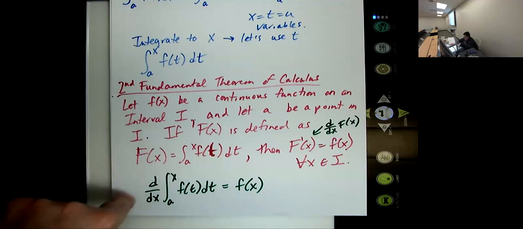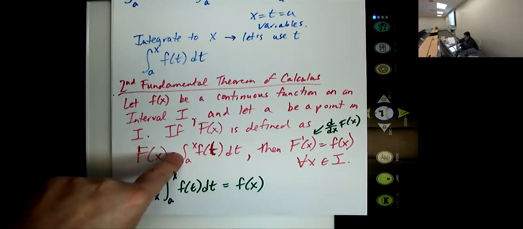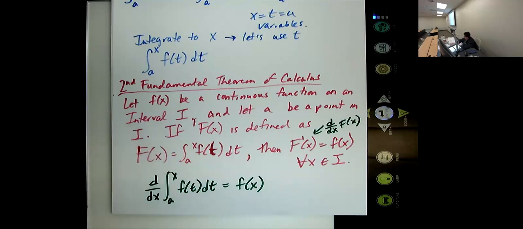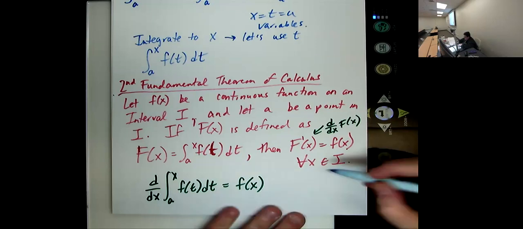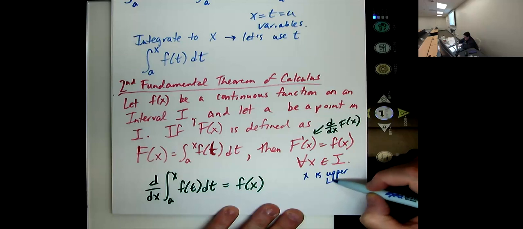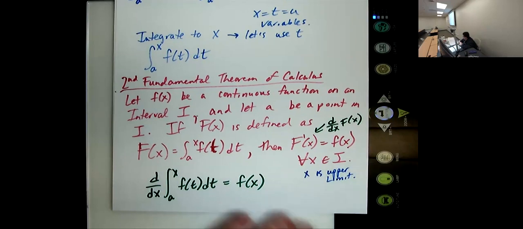So we're going to do d dx of that, which is d dx of that. Here, note x is the upper limit. And we do require it to be continuous.